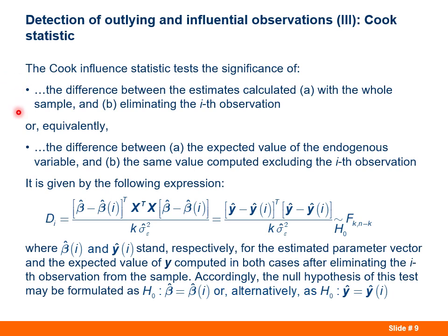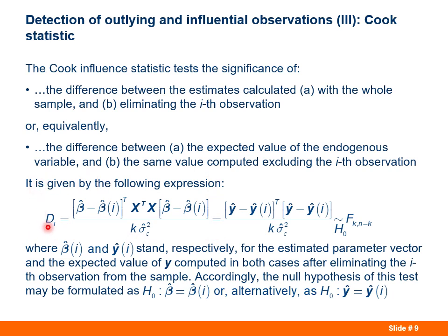Basically, the difference between the estimates calculated with the whole sample and the estimates for beta calculated eliminating the i-th observation, or equivalently, the difference between the expected value of the endogenous variable and the same value computed excluding the i-th observation. The first interpretation is formalized in this expression.